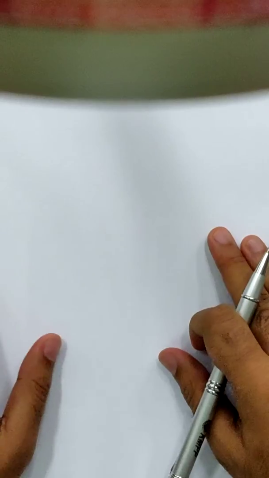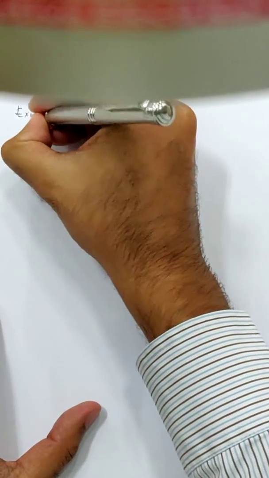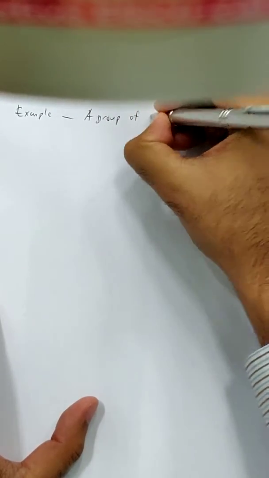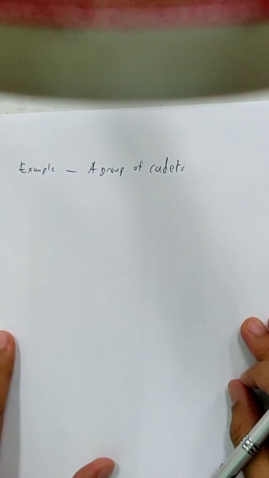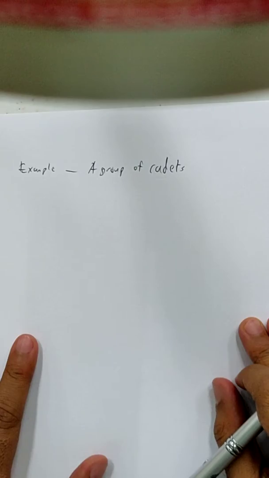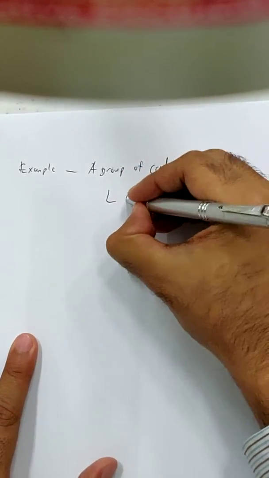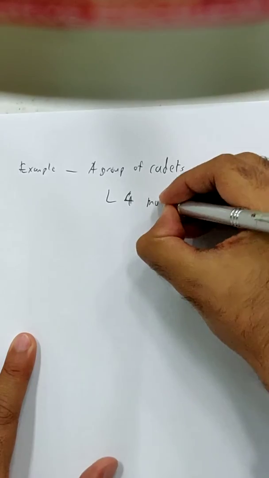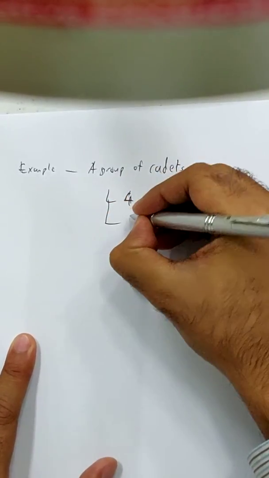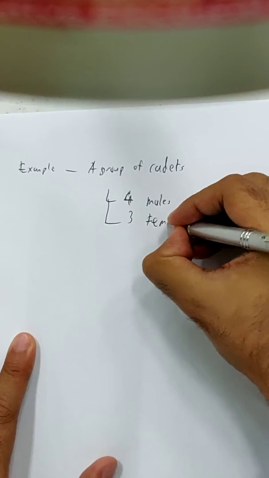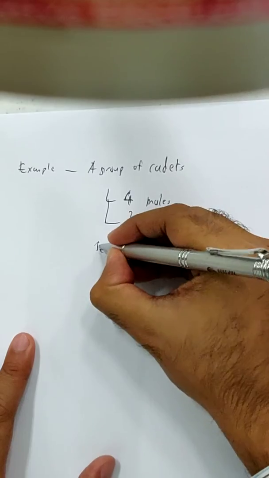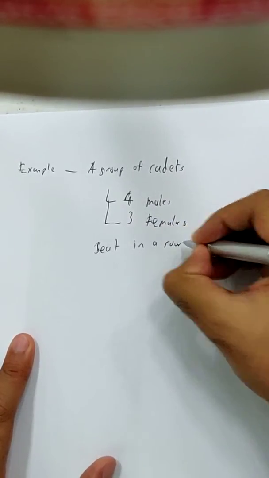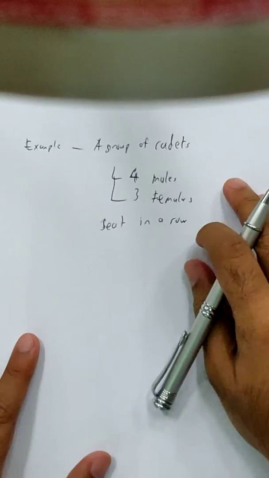Okay, let's say right now you have a group of cadets consisting of 4 males and 3 females. And I want them to sit in a row. How many ways can it be done?